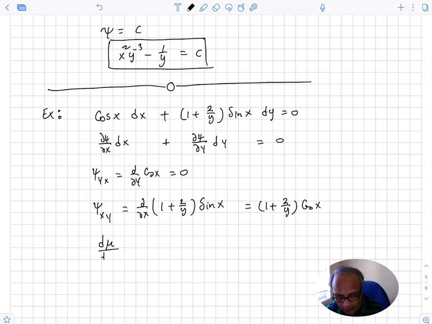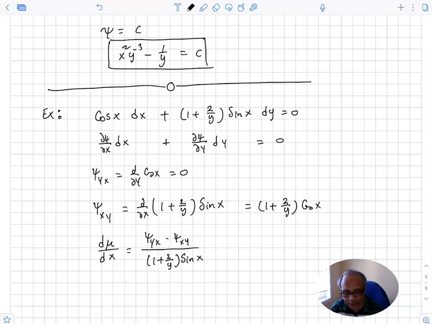So I'm going to think that it is a function of x, because I don't know whether it will be a function of x or not. So d mu dx, so in the denominator I put 1 plus 2 over y sine of x, which is the coefficient of dy, and in the numerator I put psi yx minus psi xy. See the order.